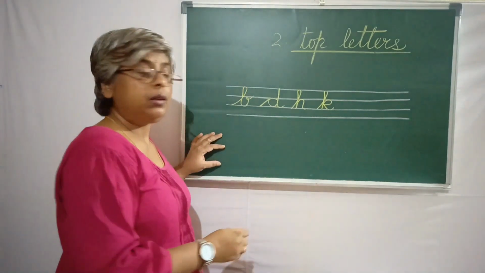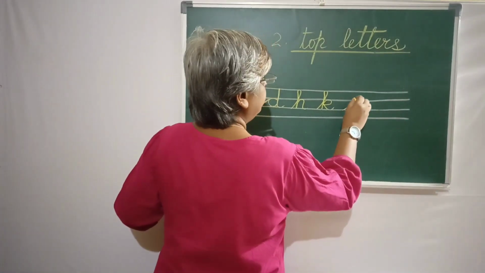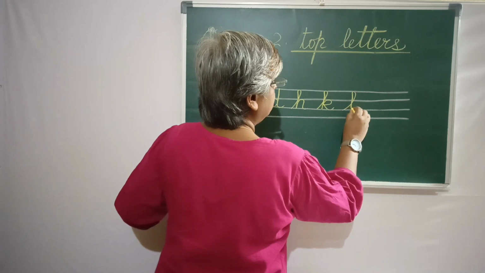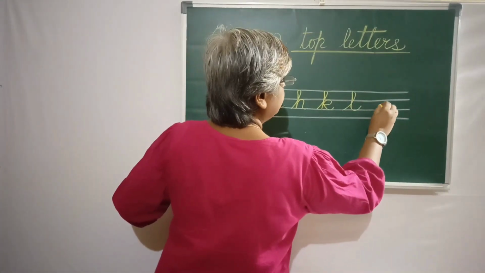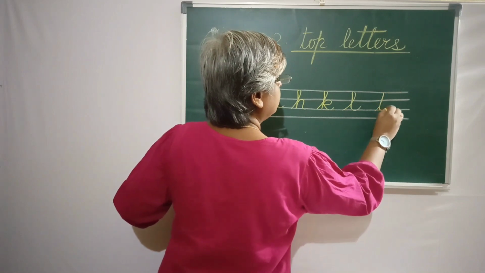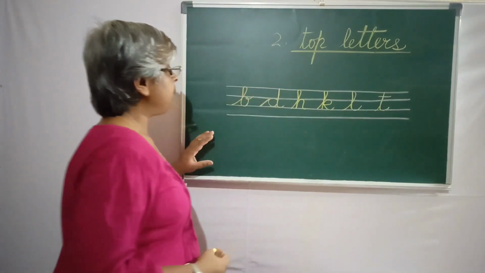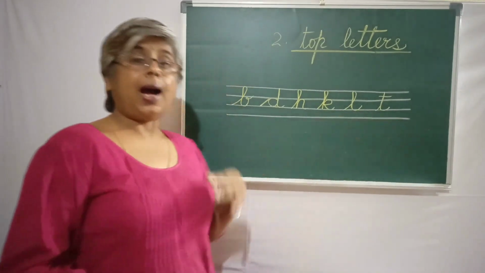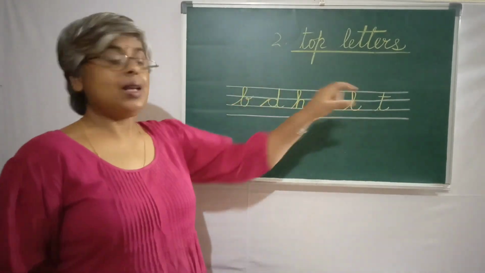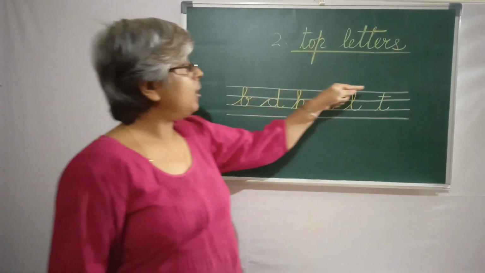K, then L. L and T. T. So see, we are not touching the fourth line. I call it top letters because we are touching the top line.